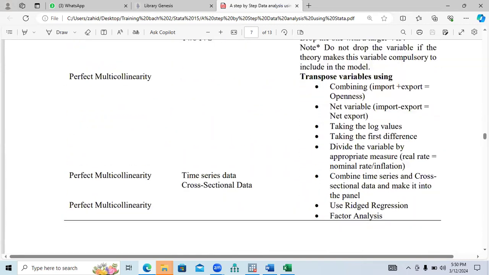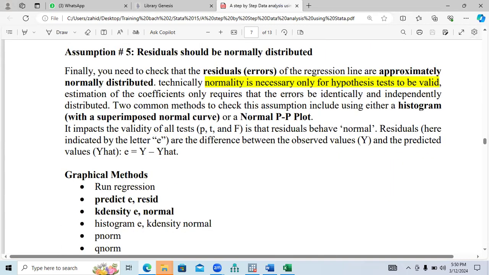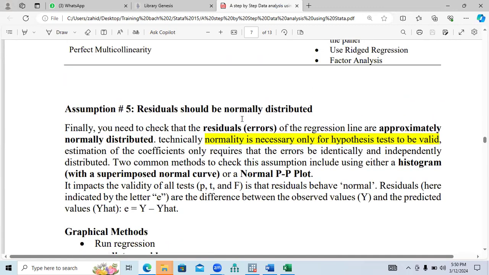Then you need to understand the normal distribution of the data. This assumption requires that your error term should be normally distributed. If you have number of observations greater than 30, then you don't need to check this assumption of normality.